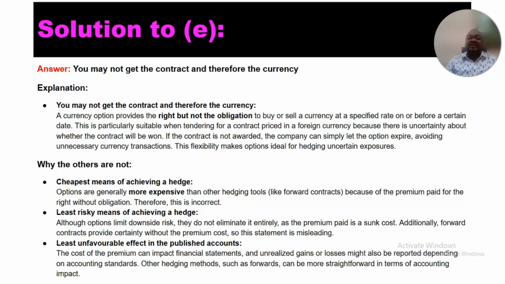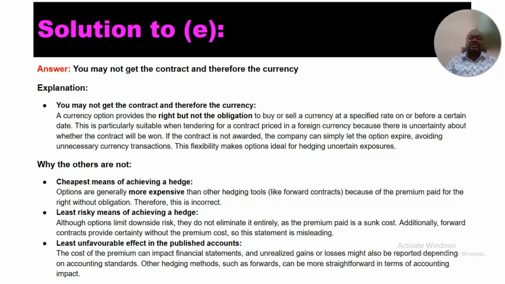So why are the other options not the correct options? Number one, cheapest means of achieving a hedge. Options are generally more expensive than other hedging tools like forward contracts because of the premium paid for the right without obligation. Therefore, this is incorrect.